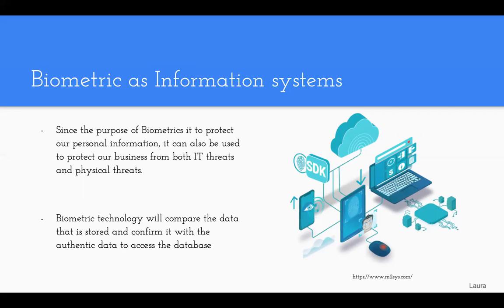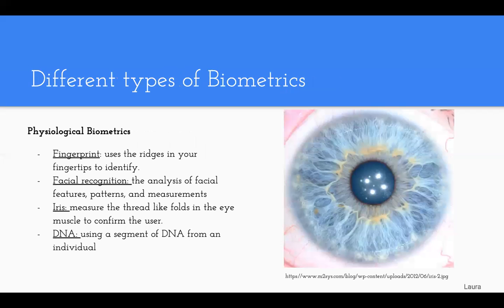So there are 2 types of biometrics that can be used. The first is physiological biometrics, which uses your physical features. First, and the most common, is fingerprints. This is seen in the iPhone, and it uses the ridges of your fingerprints to identify. The next one is facial recognition, which analyzes your facial features, patterns, and measurements.